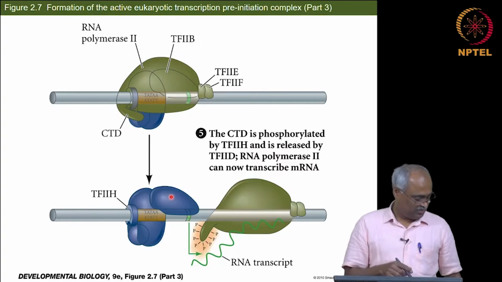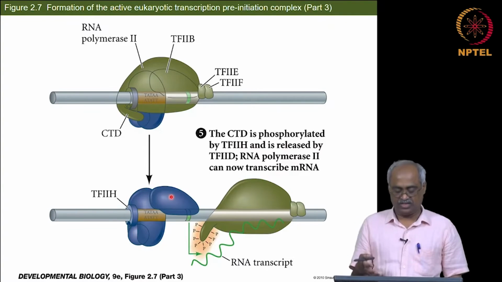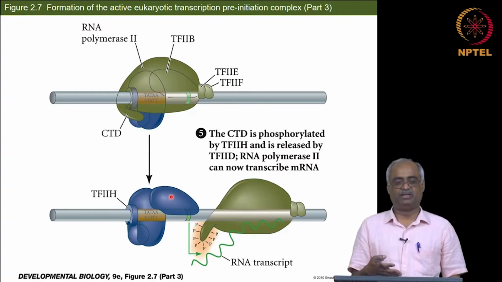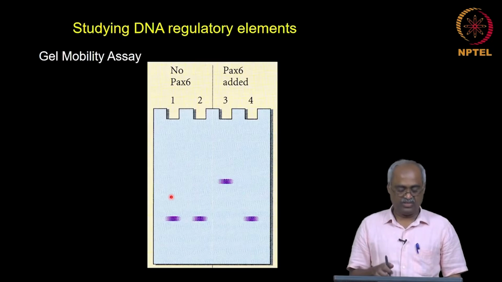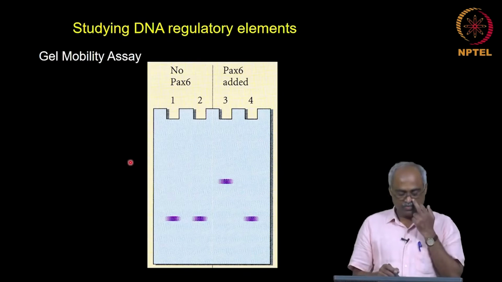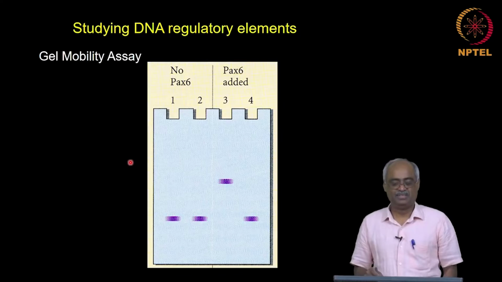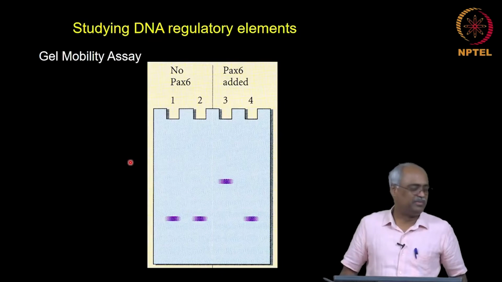And so how do we test whether a given such trans-acting factor interacts with a given element of DNA or not? So to test that is what we use this experiment called a gel shift assay, or gel mobility shift assay, or gel retardation assay. So there are multiple names for it. Most commonly used term is electrophoretic mobility shift assay, or EMSA.